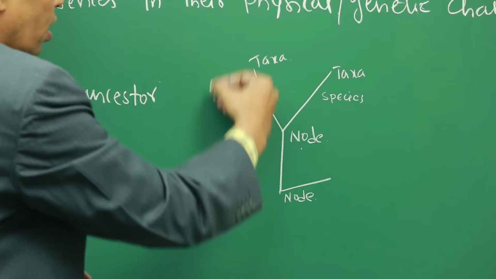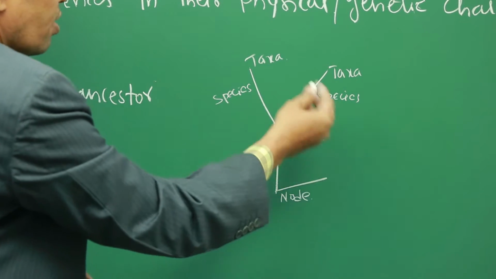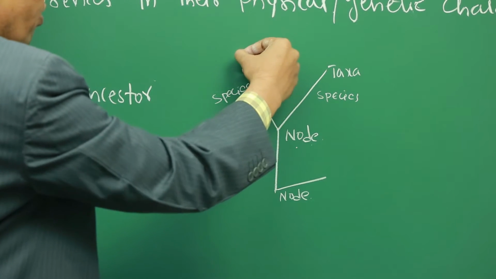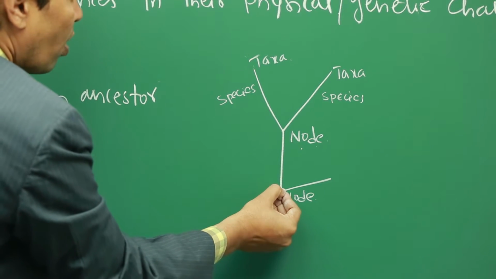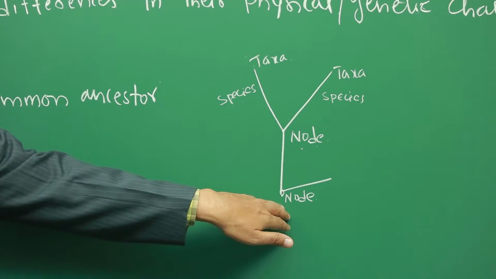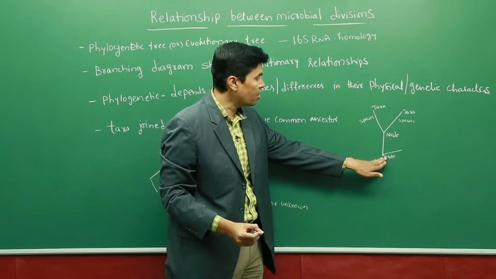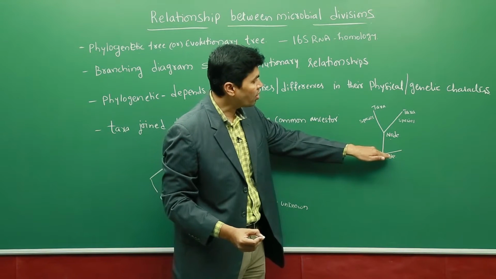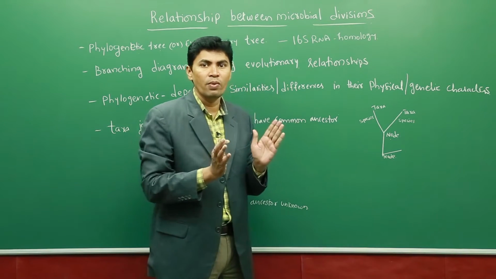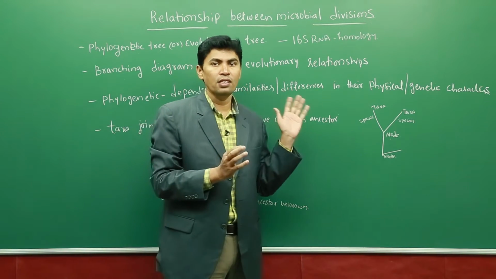Now this node is called one taxonomical unit, and this complete taxonomical unit in fact has emerged from another common ancestral point, which is again a node. From here this branching occurs towards this side, and further branching may occur towards this side. This branching is based on these homology studies.